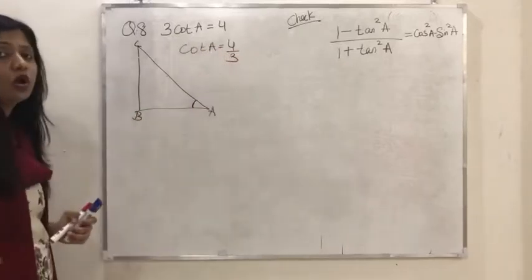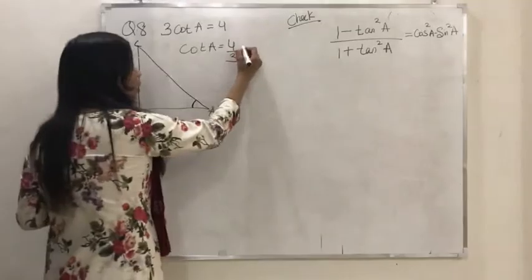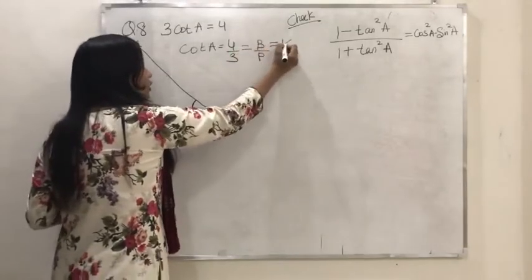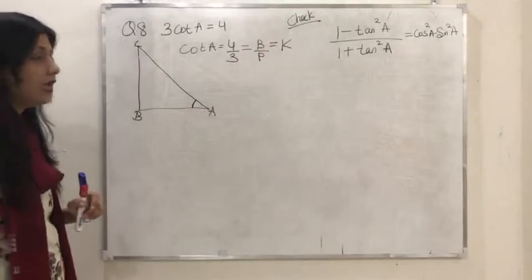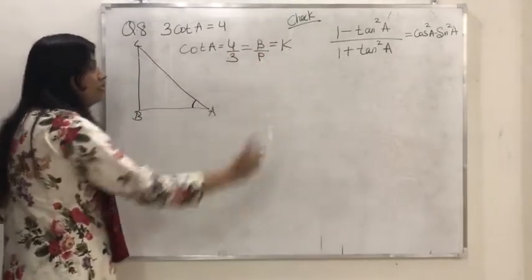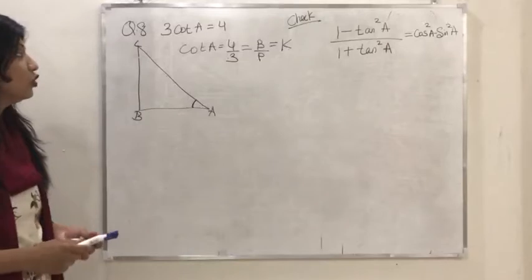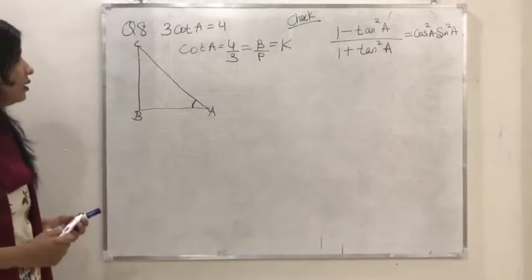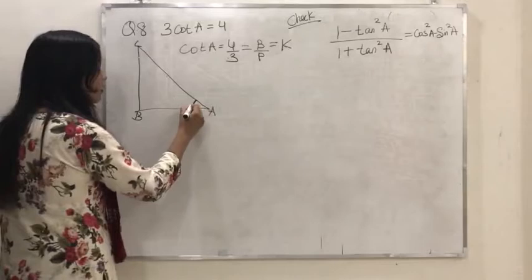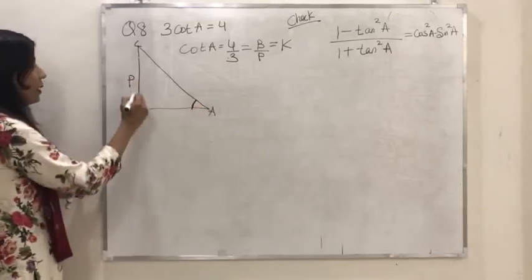What is cot? Cot is base upon perpendicular. So if the ratio is k, I will say my base is 4k and my perpendicular is 3k. If I want to find angle A, the side opposite to angle A is the perpendicular.